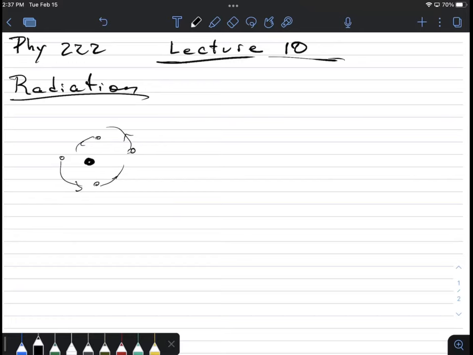What chemistry says is there are certain orbitals, certain regions where the electrons are allowed to orbit around the nucleus, and they're quantized, which is a little bit of how quantum mechanics arises.